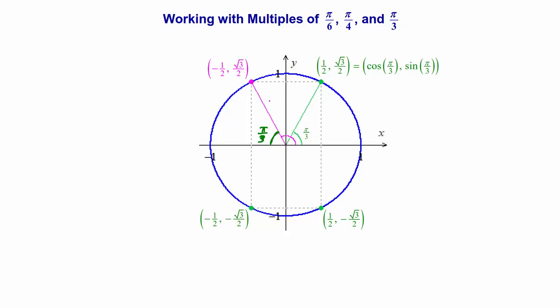So the pink angle is pi radians minus pi over 3, which turns out to be 2 pi over 3. So now we know that the point specified by 2 pi over 3 has these coordinates, negative 1/2, root 3 over 2. So now we know the sine and cosine of 2 pi over 3.